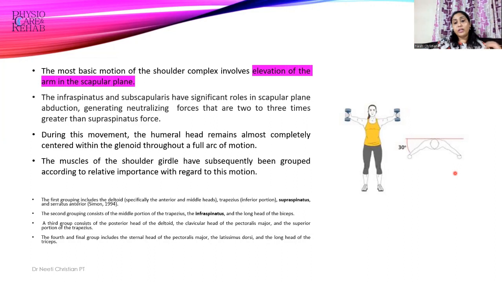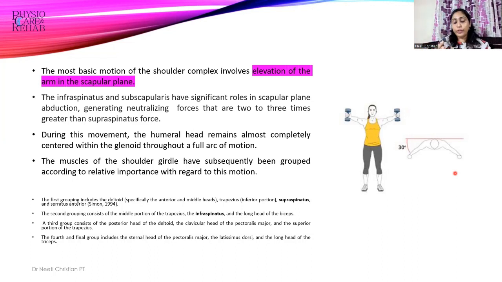The force of contraction is much more than what we do in abduction. If we talk about the muscles in detail, the initiation of movement includes the deltoid, supraspinatus, and serratus anterior. The second grouping of muscles includes the middle portion of trapezius, infraspinatus, and long head of biceps. We have a third and fourth set of muscles.